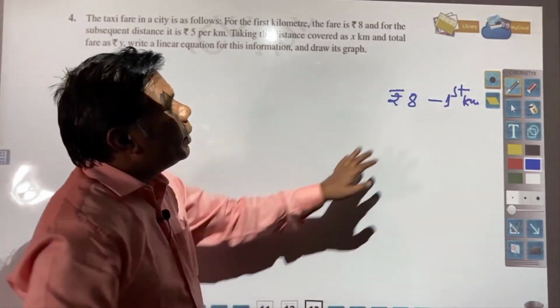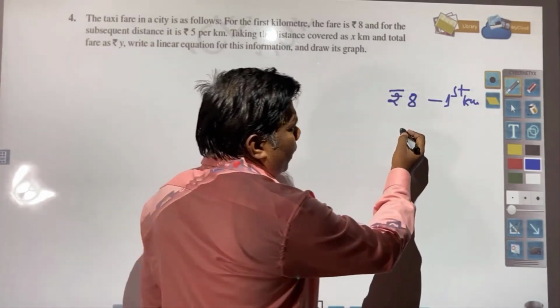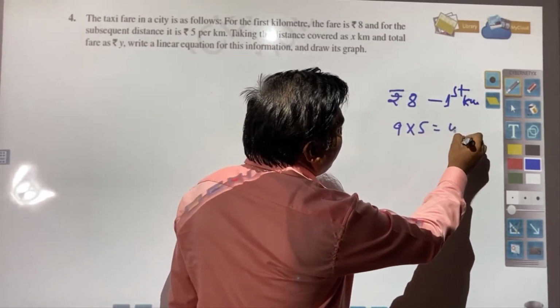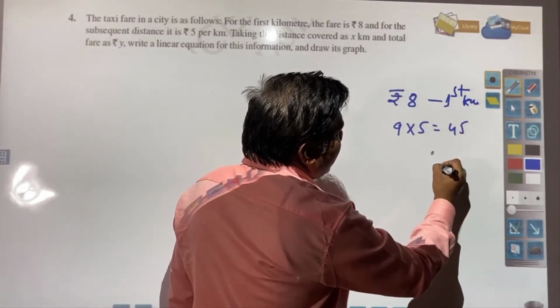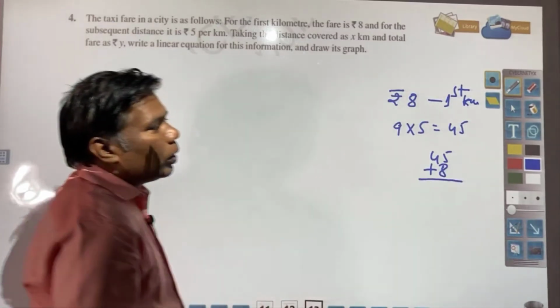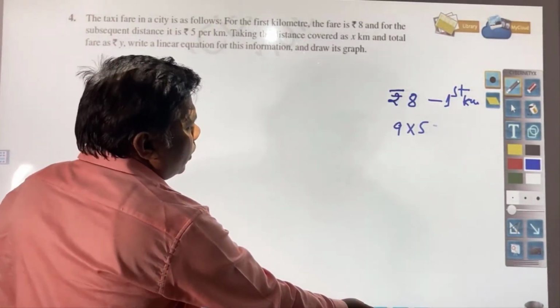So for the first kilometer they will charge 8 rupees and for the remaining 9 kilometer they will charge 5 rupees, which means 45 rupees. So total they will charge 45 plus 8 rupees. This will be the total fare. So in this way this is required to be solved.